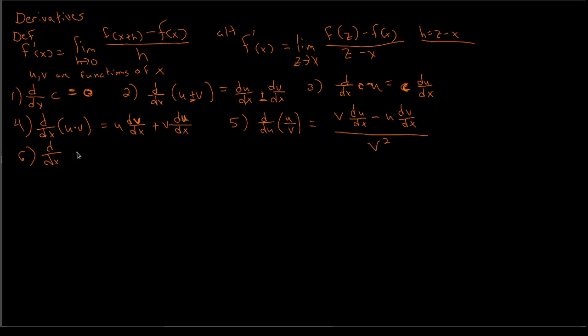If we take a derivative of some function to a power, then we bring the power out front and reduce the power by 1. And these are our derivative rules that we have had so far.